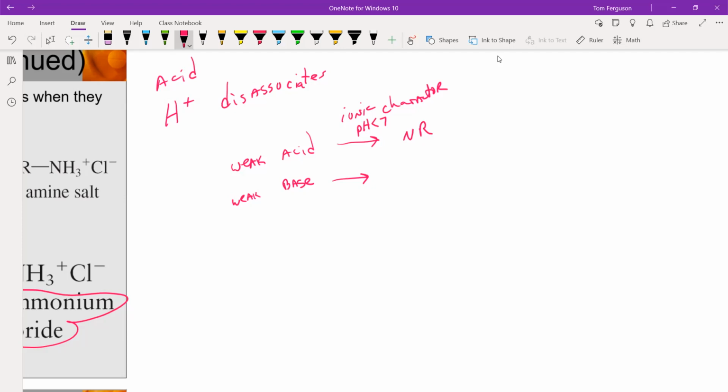A weak base at pH less than 7, we end up with the ammonium salt.